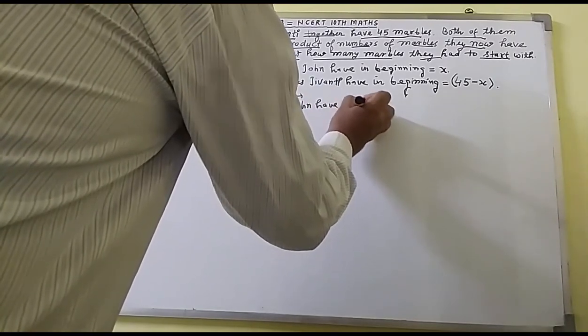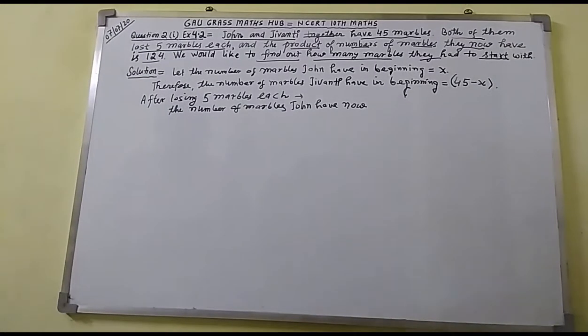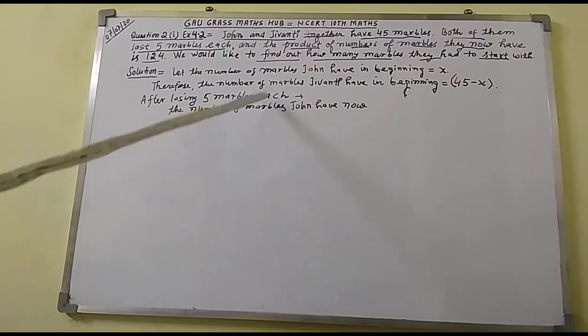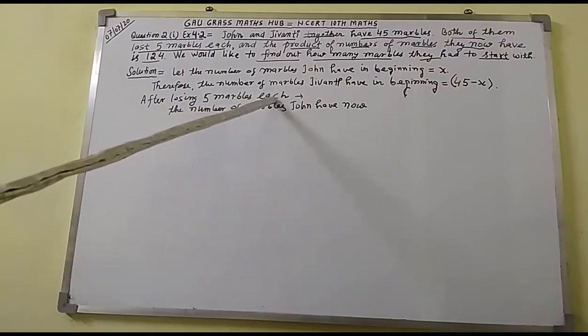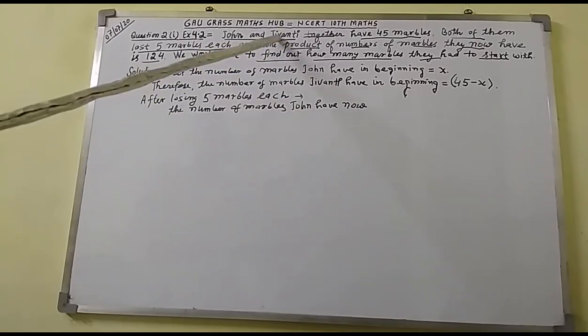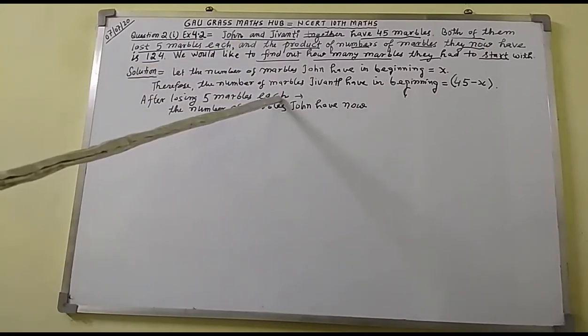Here you can see, after losing 5 marbles each, this means John will lose 5 marbles and Jivanti will also lose 5 marbles.